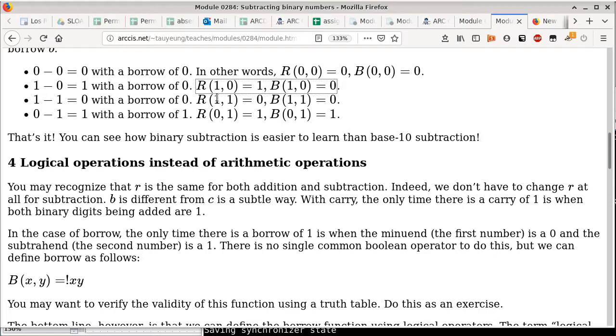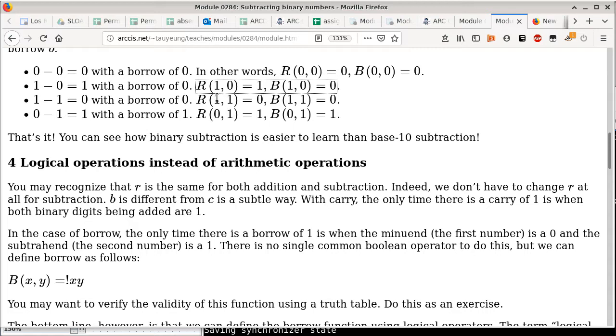But wait, that's exactly the same as what we're looking at here. So that means how we have handled the result function for binary addition is exactly the same way we handle the result function in subtraction. That is also why I don't even bother to change the name of that function, because it is the same function.